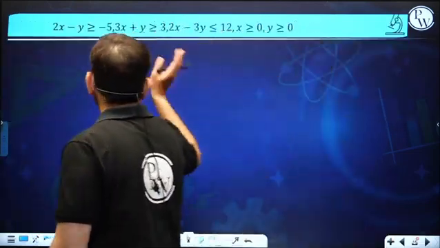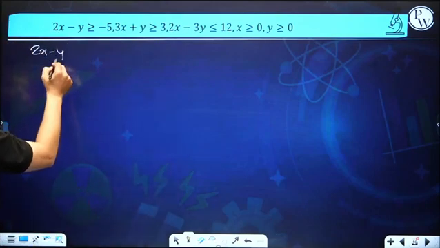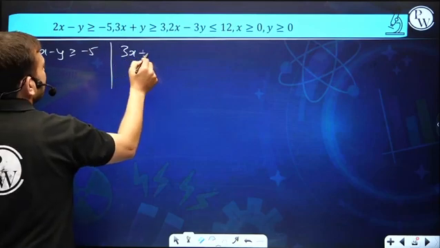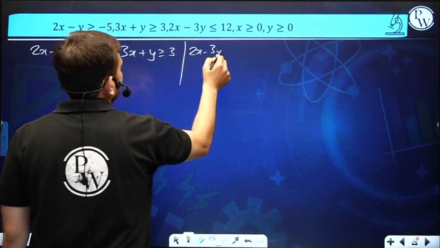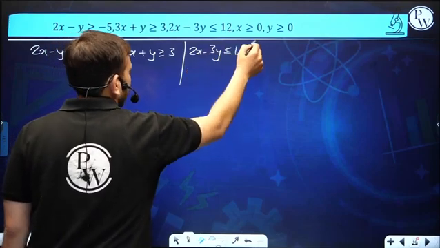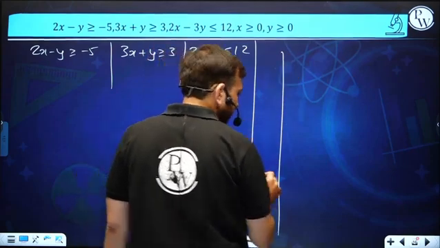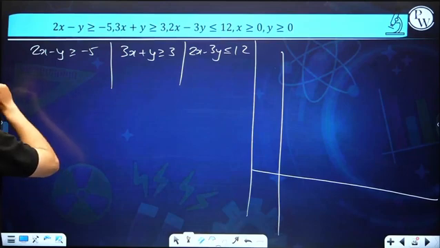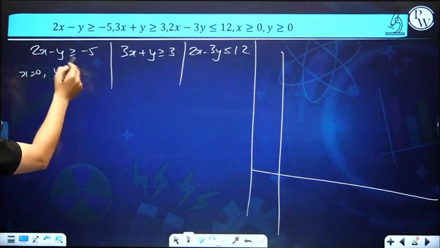I've already kept this in a separate slide. So, sir, first is 2x minus y greater than minus 5, 3x plus y greater than 3, and 2x minus 3y less than 12. But I need the first quadrant only. Now here, sir, if x is 0, y will be 5.